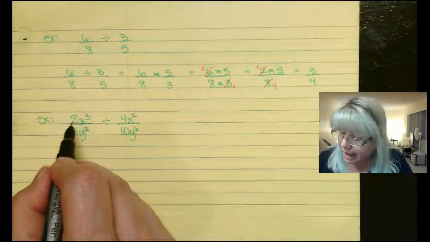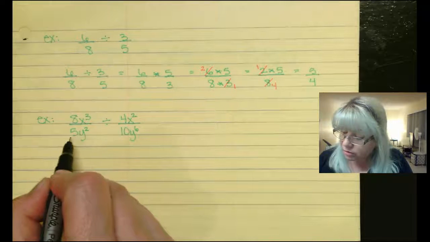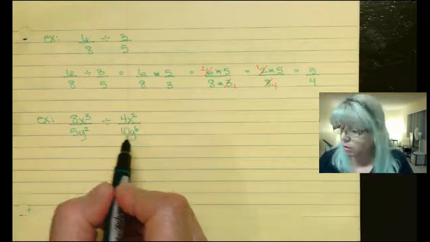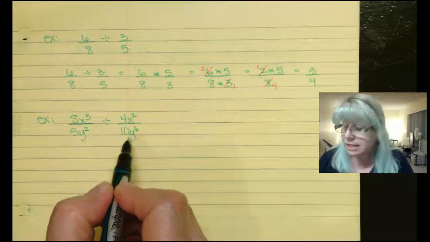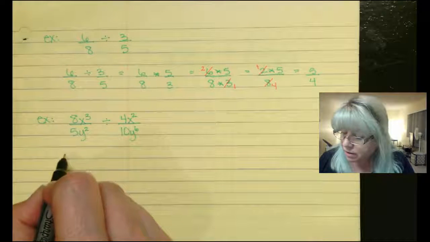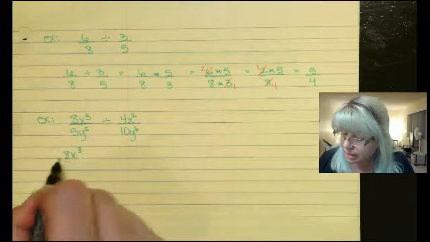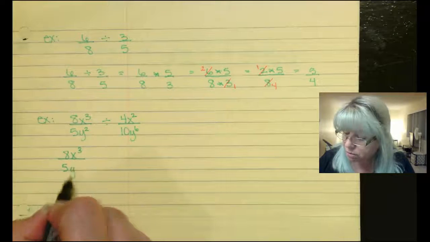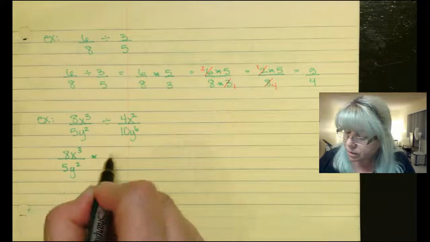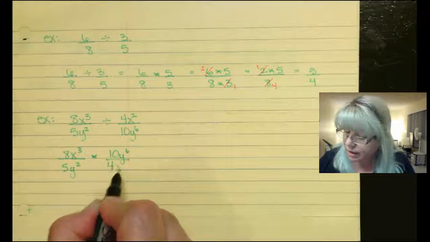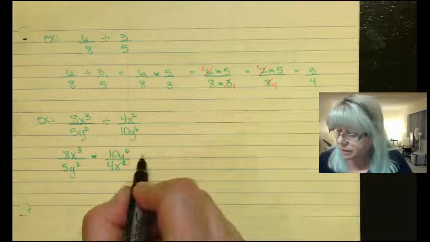All right, 8x cubed all over 5y squared divided by 4x squared all over 10y to the 6th. First thing I want to do is rewrite it as multiplication of the reciprocal: 10y to the 6th all over 4x squared.